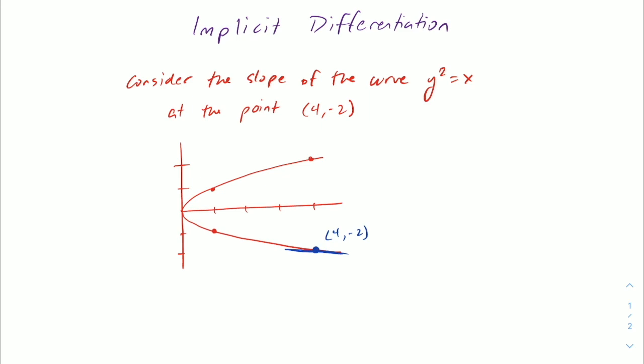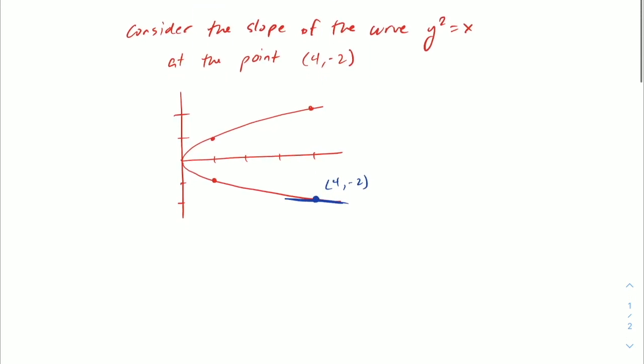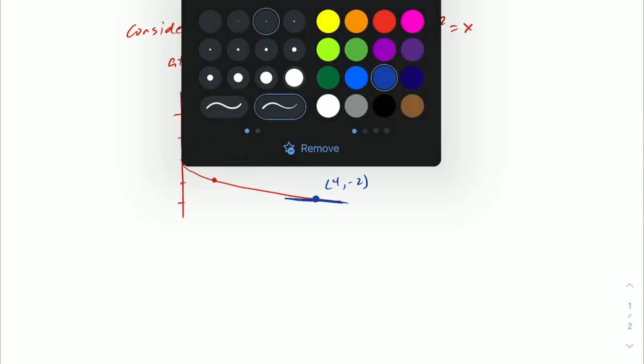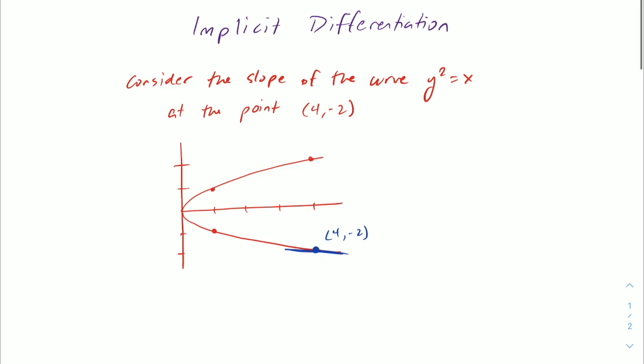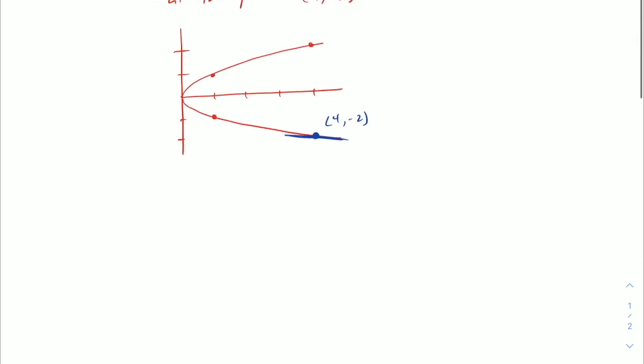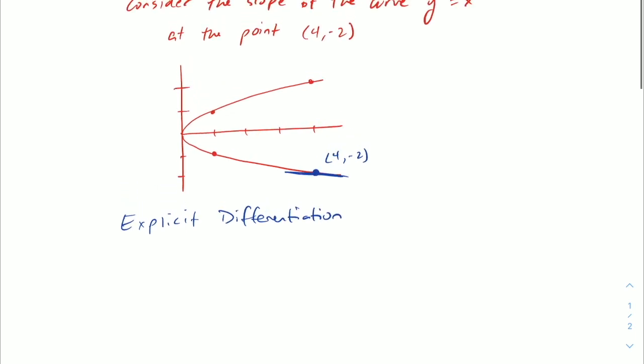Okay, so there's a couple ways to find this slope. One, we can use what we've been doing before, and that's explicit differentiation. This curve is not a function, but we can find the function associated with this curve that contains the point (4, -2).